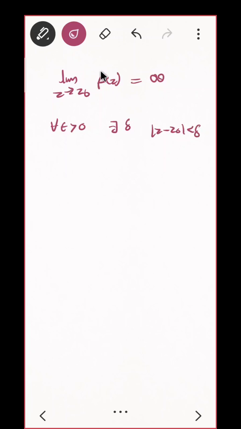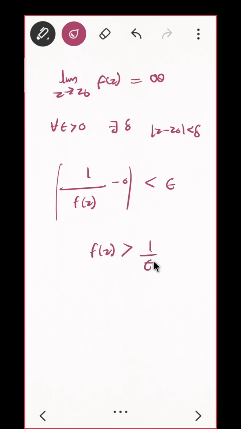Same thing. This is going to infinity, so 1 upon that will go to 0. That means mod of 1 upon f of z minus 0 will be less than epsilon. So if you write this, mod f of z is greater than 1 upon epsilon. So you have the definition for everything, whether infinity or anything else, correct?